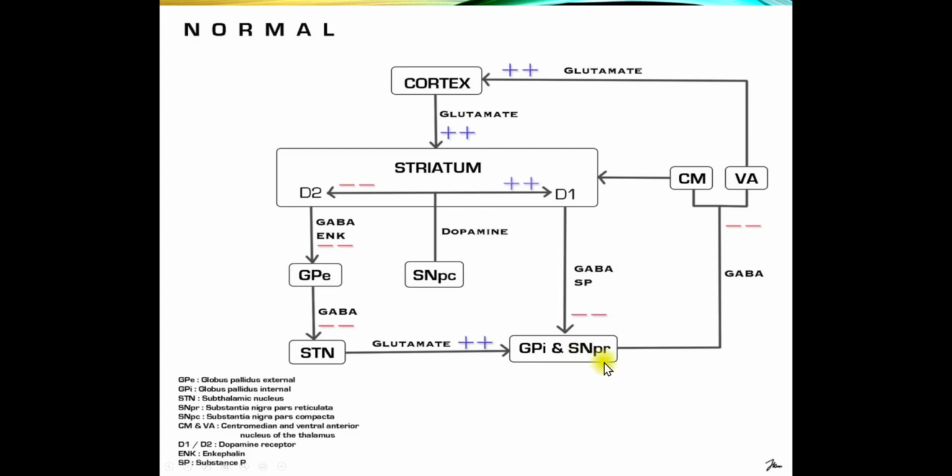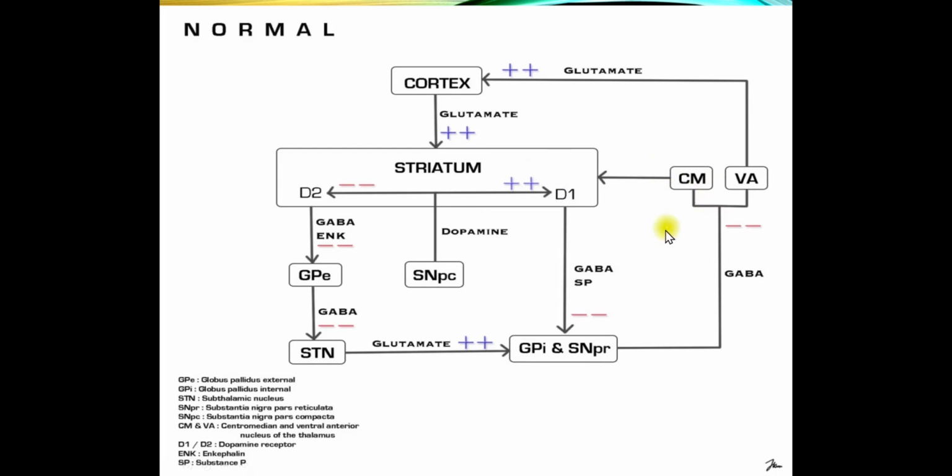This is actually a non-dopamine producing part of the basal ganglia. So this projects back to the motor cortex. Okay, and remember the basal ganglia nucleus is the ventral anterior. So it goes back to the motor cortex. And I mentioned that the centromedian nucleus of the thalamus, which is important for pain, is also involved in this basal ganglia circuitry as well.